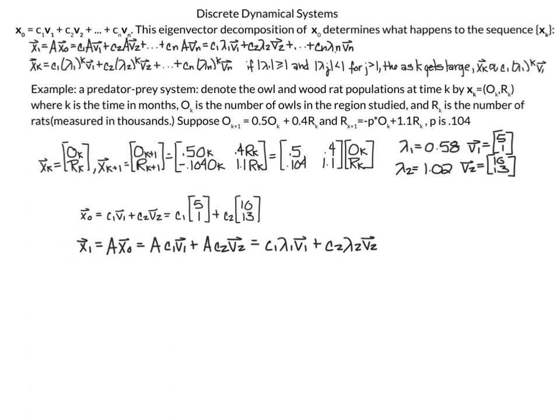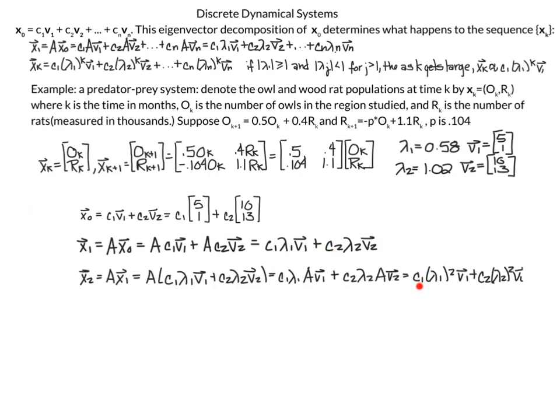Then x1, when I take my next iteration, moving forward in time by 1, I am going to get c1 lambda 1 v1 plus c2 lambda 2 v2, and that will give me c1 lambda 1 squared v1 plus c2 lambda 2 squared v2. The details of the calculation are here, and also these details we had worked out before when we did our general equations up here.